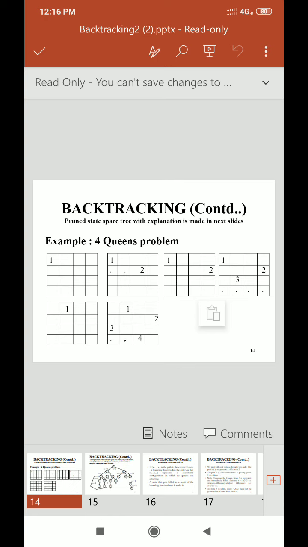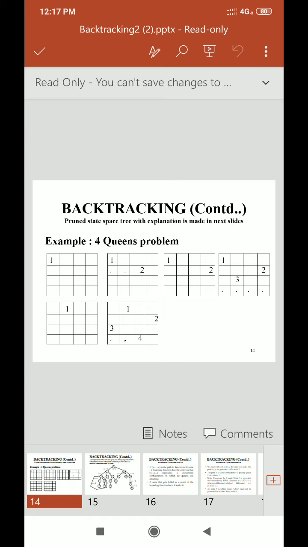And if you have an n cross n chessboard, then there could be n queens at a time, or n plus 1 queens. But the problem here is: if you have n queens on an n cross n chessboard, how do you place them so that they do not restrict the path of each other, or do not kill each other in their moving directions?